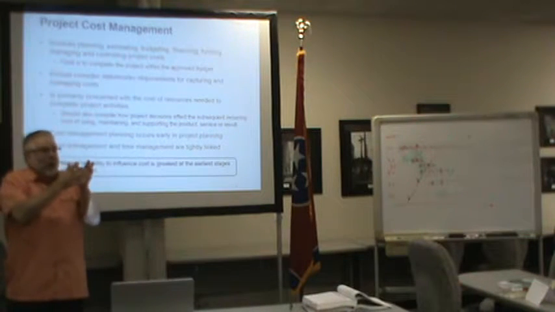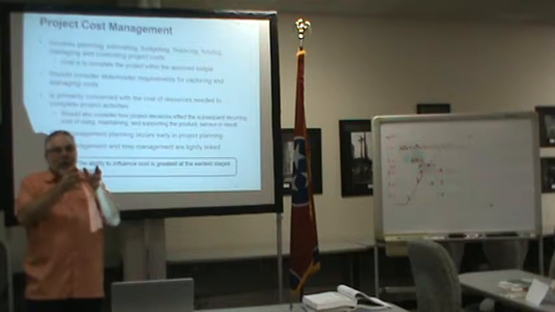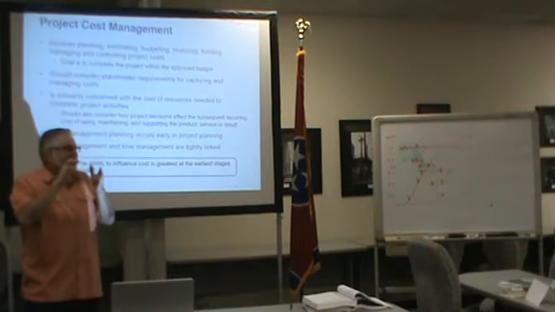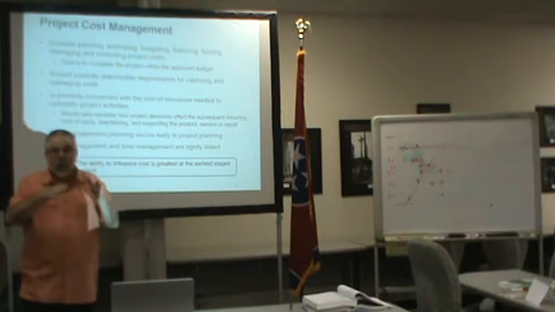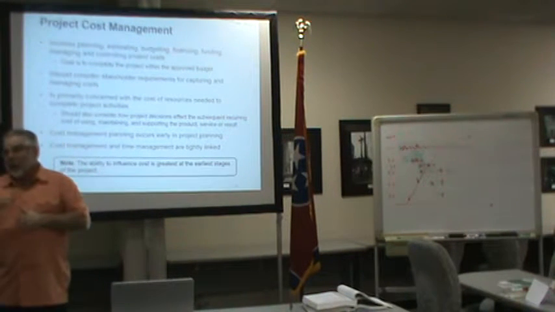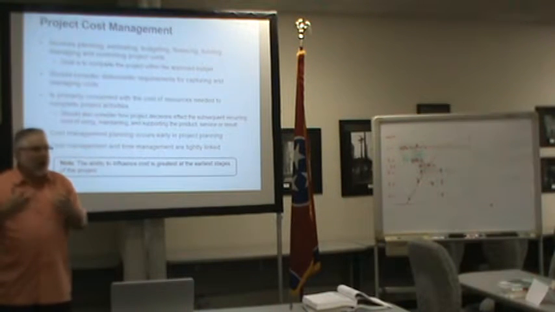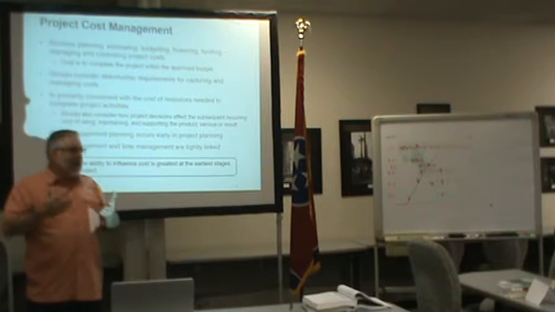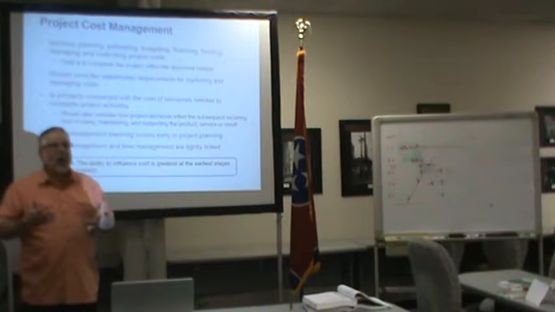So while we're in the planning stages, we have the most opportunity to reduce risk and influence the cost of the project. But as the project goes on, our ability to make changes really goes down. So therefore, we should be figuring out ways that we can influence early successful progress.